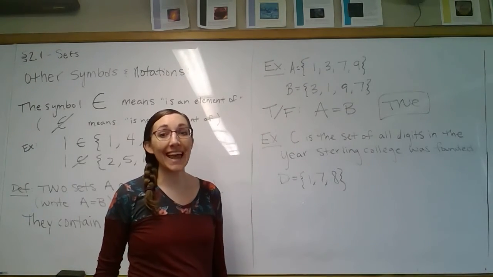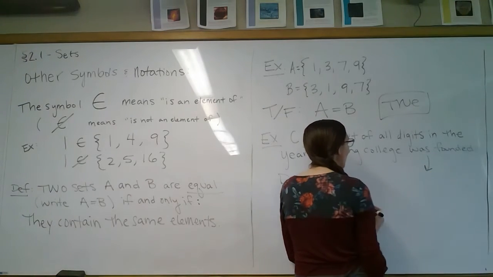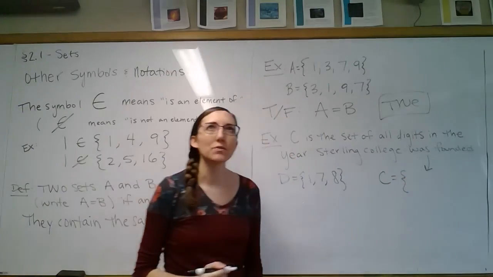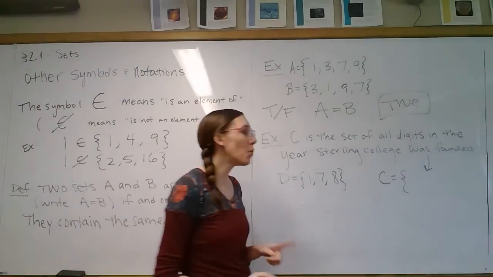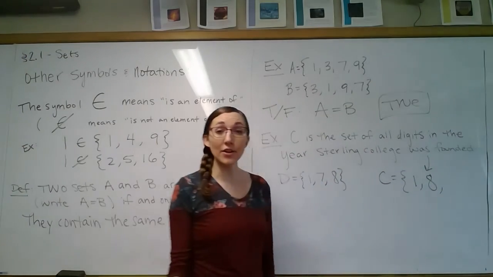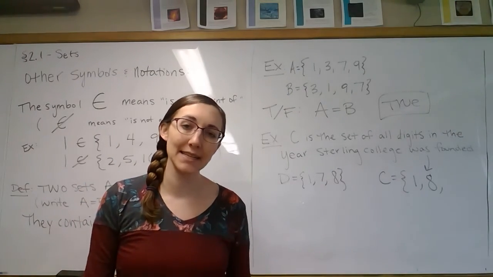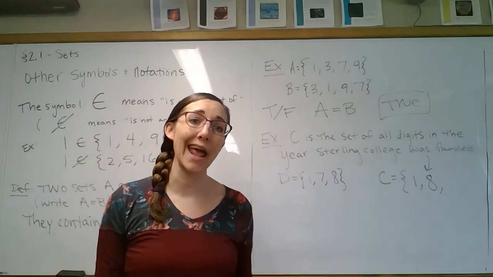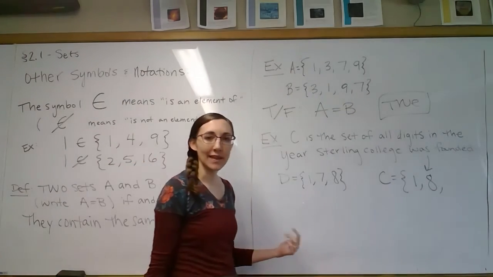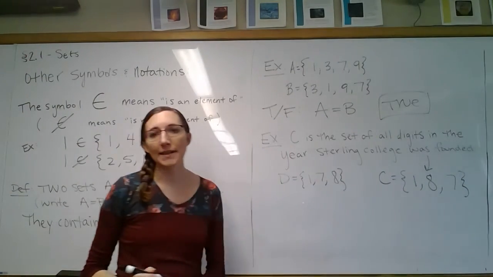Sterling College was founded in 1887. So we could rewrite it in roster method: there's a 1, there's an 8, there's another 8 because it's 1887, but I don't care to write it a second time. The only thing that matters is that 8 was in the set. So it's a 1 and 8, and then I still have a 7. Notice we only write that 8 once.